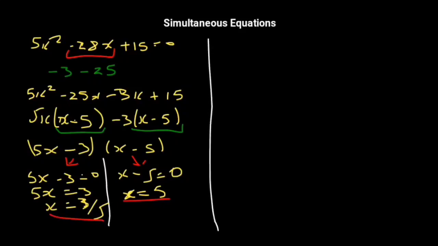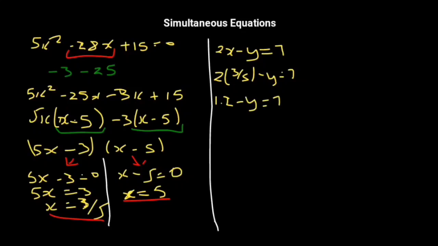Now we need to find our two y values. We're going to look at our two original equations and find the simpler equation between both of them, and that is the first equation. We're going to substitute our x values. So our first equation is 2x minus y is equal to 7. Substituting our first x value, which is 3/5, we're going to have 2 multiplied by 3/5 minus y is equal to 7.